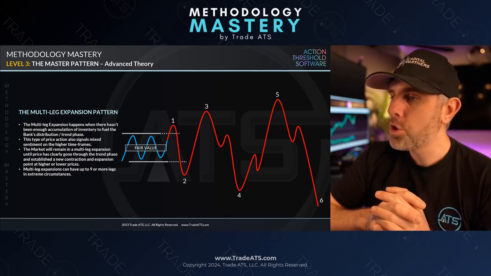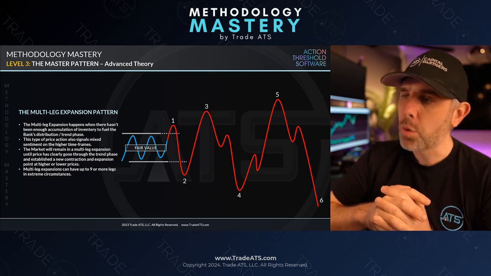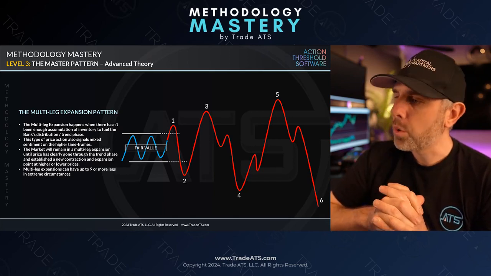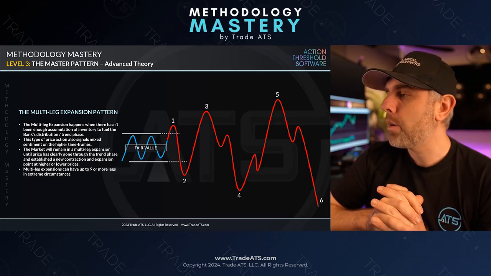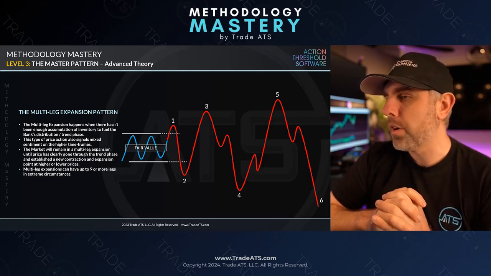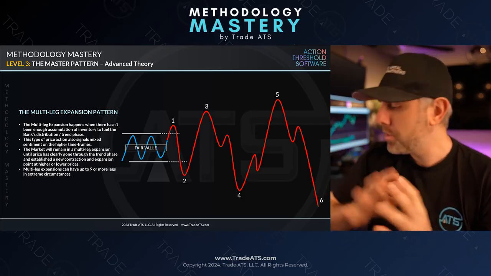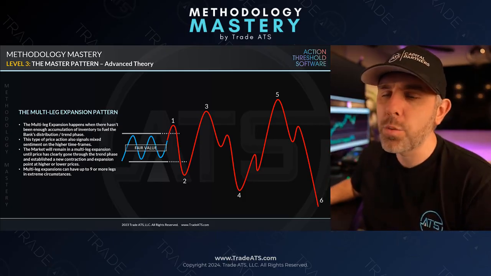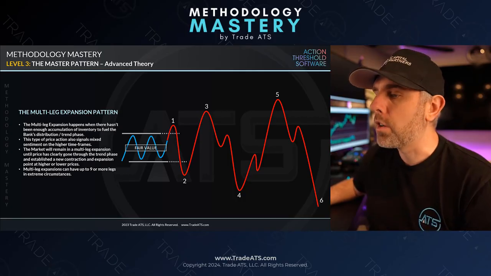Again, going short at 2, long at 3, short at 4, long at 5, short at 6. You're going to be getting stopped out at the wrong places on each side of this pattern, and it's going to be very painful. So understand that there is a multi-leg expansion that happens. We don't know how many expansion legs are going to happen.